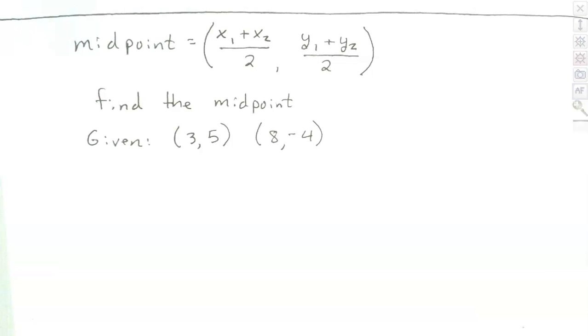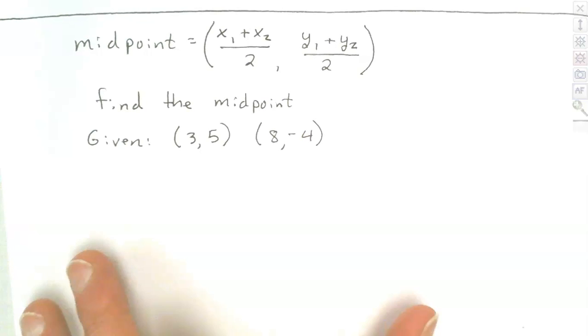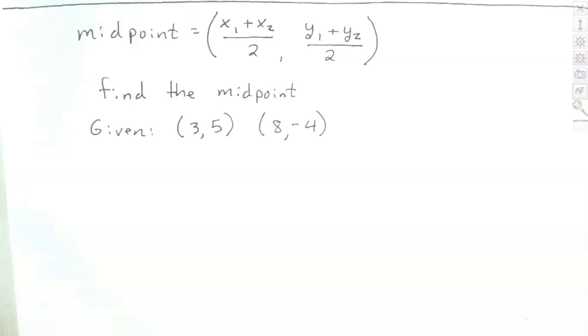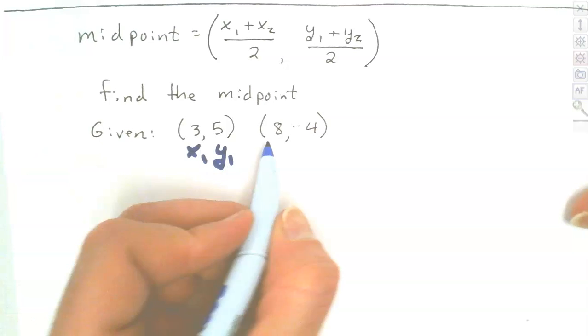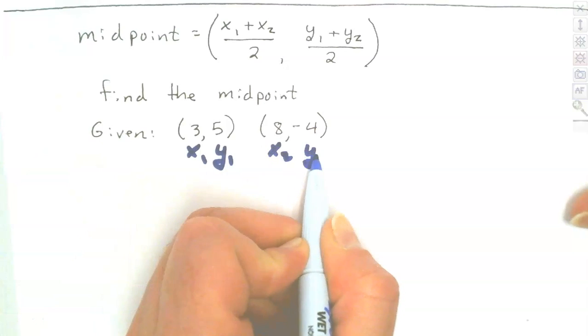Midpoint would kind of give you that closest city. And what we do is we add the x's together, divide by 2. We add the y's together, and then we divide by 2. We always begin by labeling our ordered pairs, x1, y1, and x2, y2.